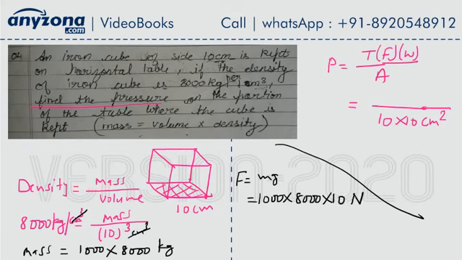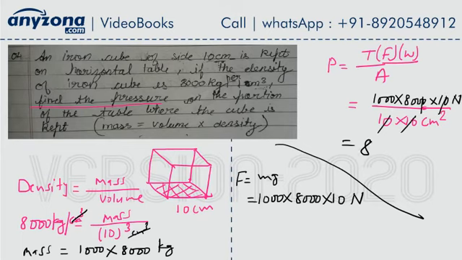This is in Newton, okay. Now put this force value in this formula: 1000 into 8000 into 10 Newton. Now cancel 20.